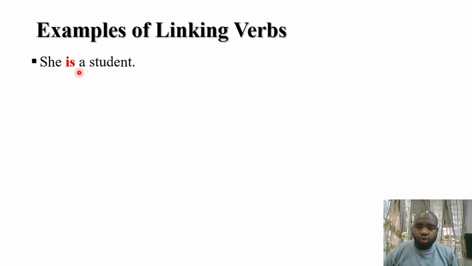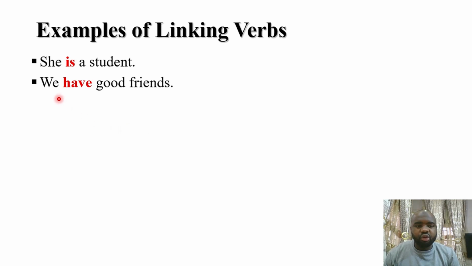It only connects the subject with a subject complement, showing a state of being. It performs the act of linkage, showing connectivity between she and being a student. So this is connecting this with this.